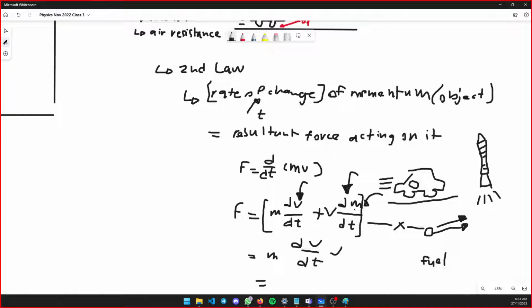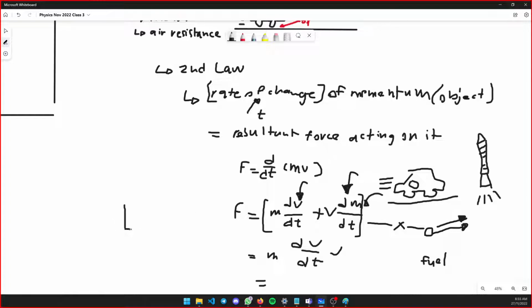But there were questions in past year papers about airplanes and also rockets. A rocket was taking off, and you have to use dm/dt. Also guns and pistols.